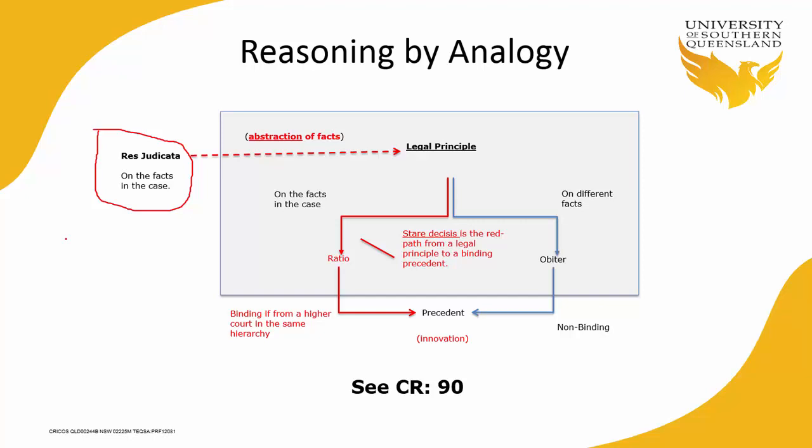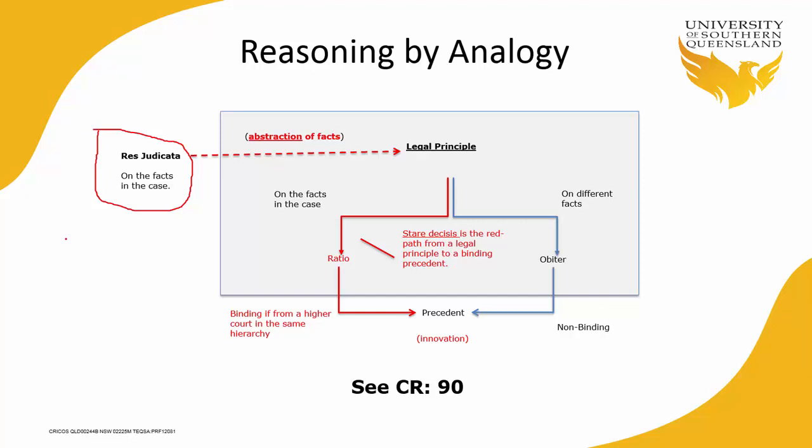So something like, whenever a consumer consumes something that they cannot identify its content, or is something that's served or provided in an opaque container, and they suffer harm because of that consumption of this product, then that would mean that there is a duty of care, or they would be able to pursue a cause of action in negligence for the recovery of damages or for monetary compensation for the harm that they have suffered.